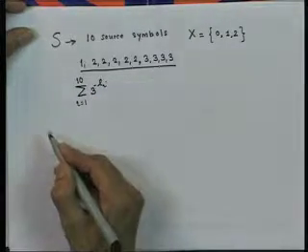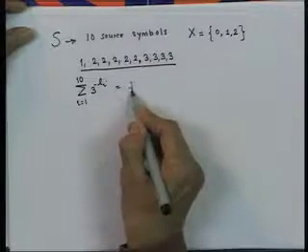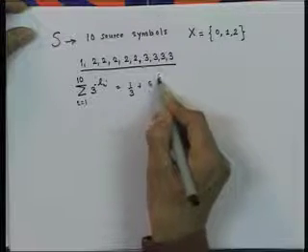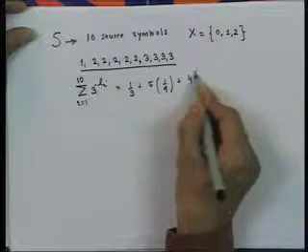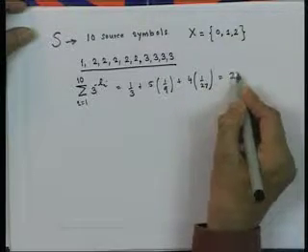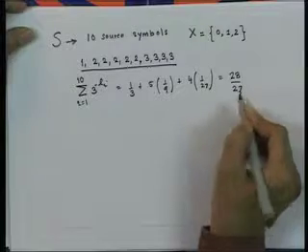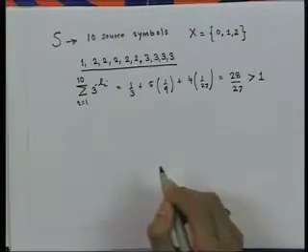Since we have 10 source symbols, this turns out to be equal to 1/3 plus 5 times 1/9 plus 4 times 1/27, and this is equal to 28/27, which turns out to be greater than 1.